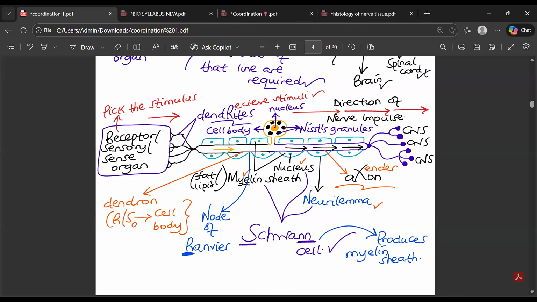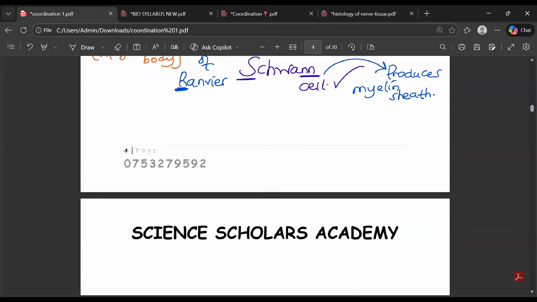So now the motor, I know it's from the CNS and then to the effector. So we need to know how things actually happen, but you just need to know the difference in the structures. That's what they want. So I just believe that is very clear.